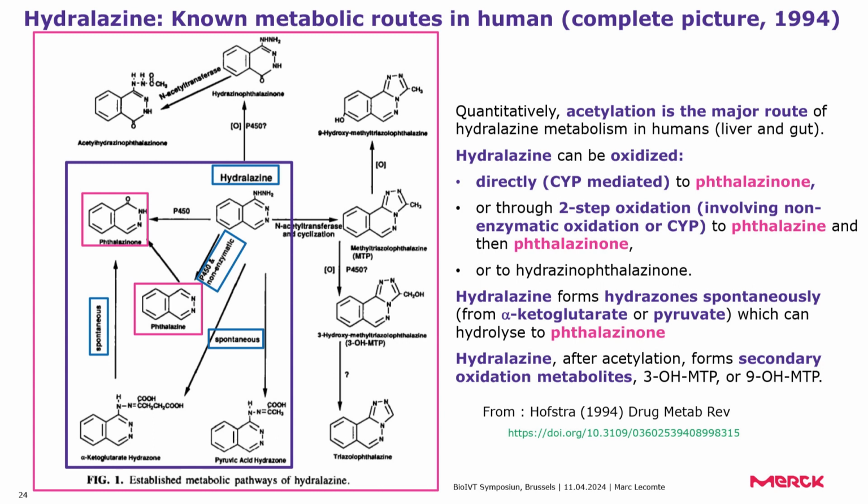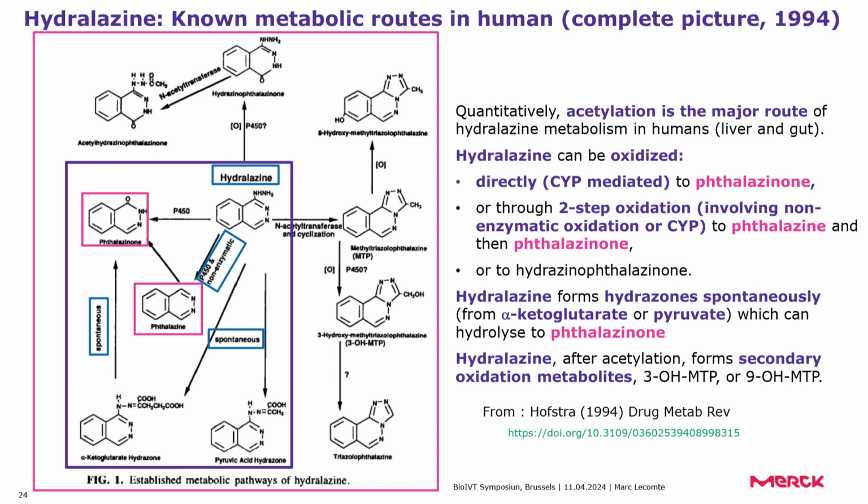which is very important for the case I showed you, is that hydralazine was used as an inhibitor, but it can be oxidized by CYPs, and remember we are pre-incubating 30 minutes with S9, and it can also be non-enzymatically oxidized to phthalazine, and further from phthalazine non-enzymatically to phthalazinone.